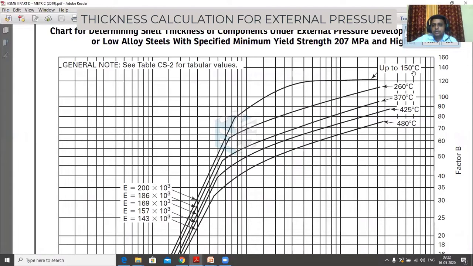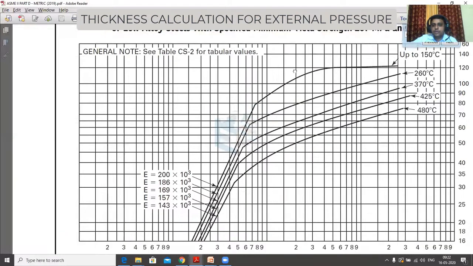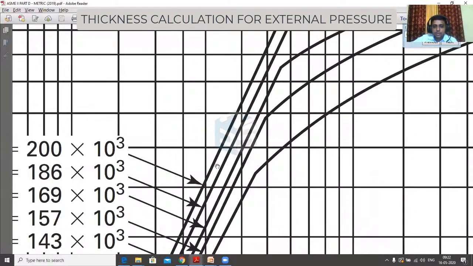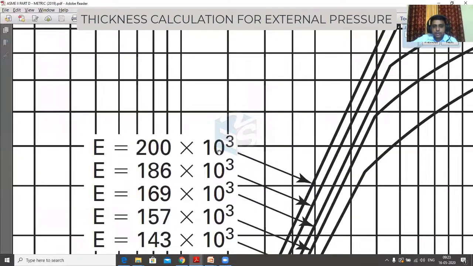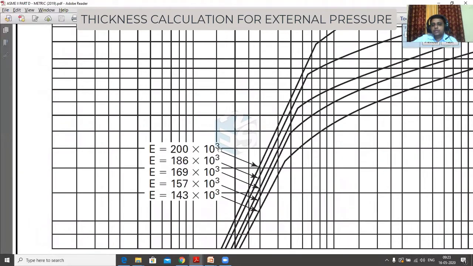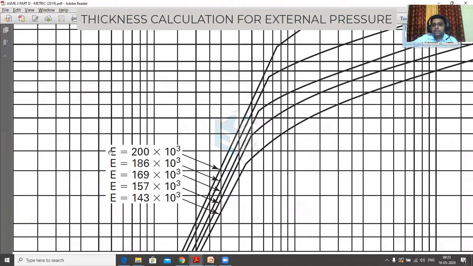We don't have to go to table TM1, that is not the value we are looking for. For the external pressure chart, we have to take the value from here only. So let's say for 150 degrees Celsius, for this curve the value is 200 into 10 raised to 3 MPa. 200 into 10 raised to 3 MPa is nothing but 200 GPa. This is the value of Young's modulus that we need to use in the formula.